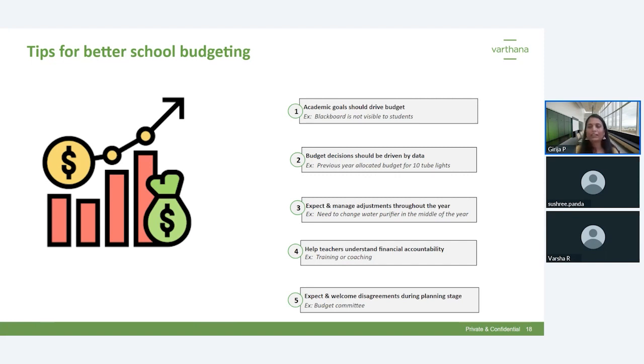In that you can include the parents, the teachers from different sections, and other staff and people as well, take their perspective, and make the budget based on it. So when you're doing the budget, please keep these things in mind. It will make your school budgeting better and more effective, and help you plan things in a better way. And with this, we are coming to the end of our session.